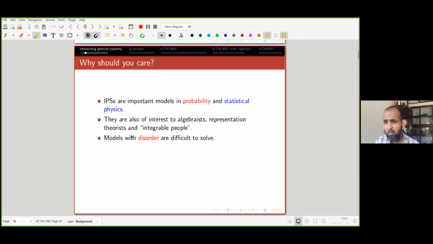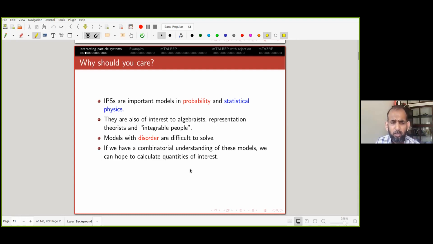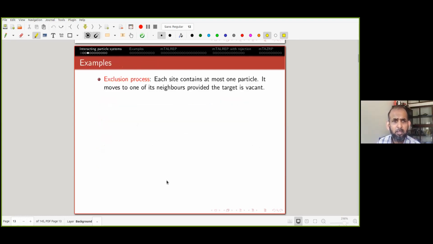But for us, we will think of disorder as parameters which will be symbolic variables, as is common in combinatorics. And so the aim is that if we have a combinatorial understanding, we can hope to calculate quantities of interest. And what are the quantities? For example, physicists and probabilists are interested in things like currents, correlations, mixing times, large deviation functions, and so on. If you don't know any of these terms, it's okay. I'm not going to talk about any of these. I'm just trying to say why one could do a lot.